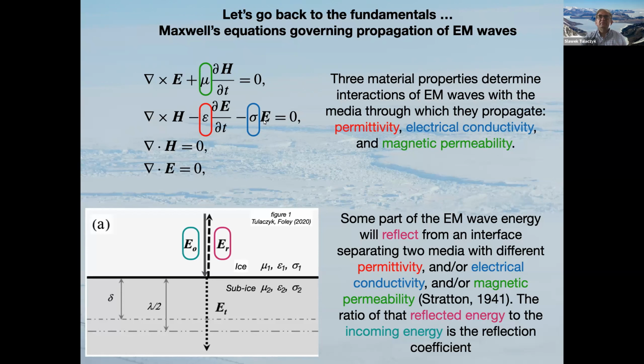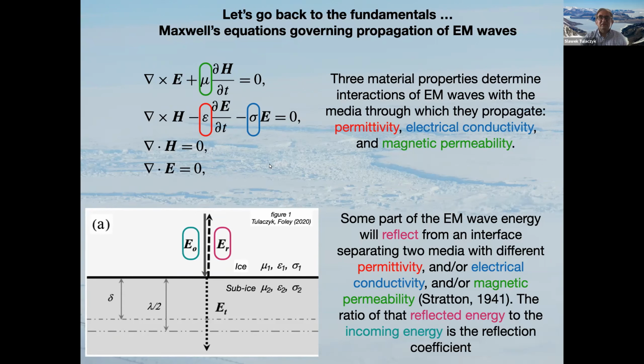So in theory, if I would be just a cold-hearted physicist looking at these equations, I could tell you that basically whenever you have an interface across which either one of these three material properties changes, you can get a reflection. You don't need to have it.